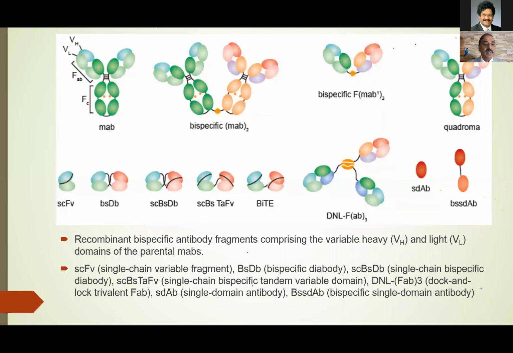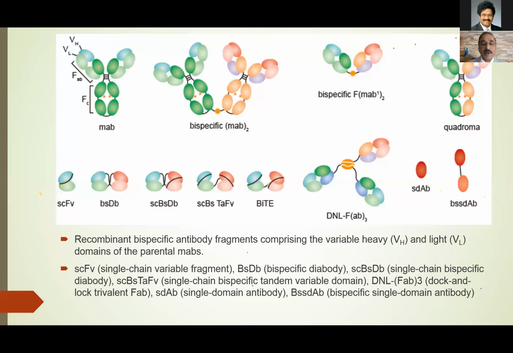And now we are seeing more and more fragments, like the single chain variable fragment. It's called scFv, or it is a bispecific diabody. That means it has the same thing, 2 different diabodies. And then there is a single chain bispecific diabody, then single chain bispecific tandem variable domain.